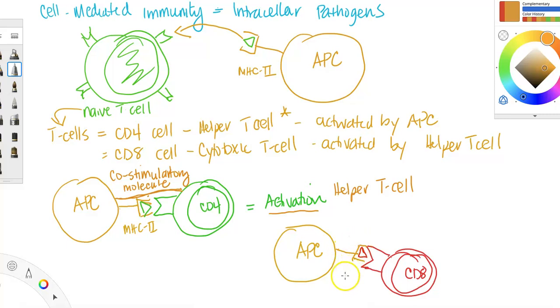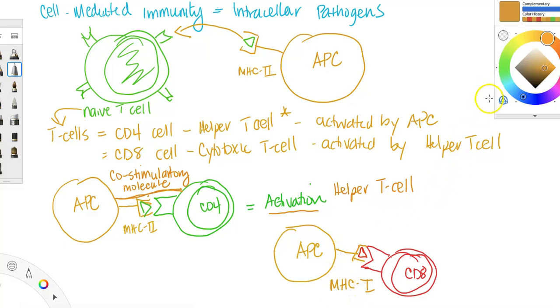This is going to be MHC1, because CD8 cells can only bind to MHC1 platforms. These are the platforms that are on all nucleated cells. So it's going to bind on the MHC1.